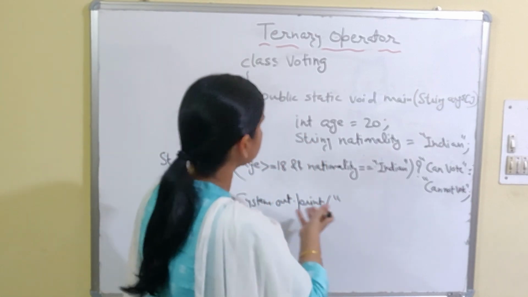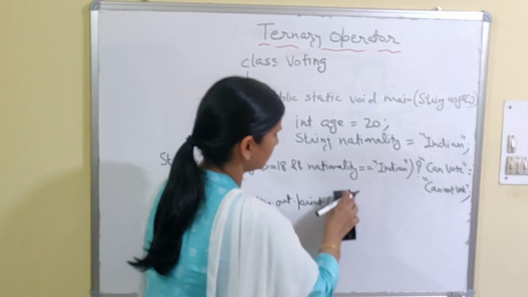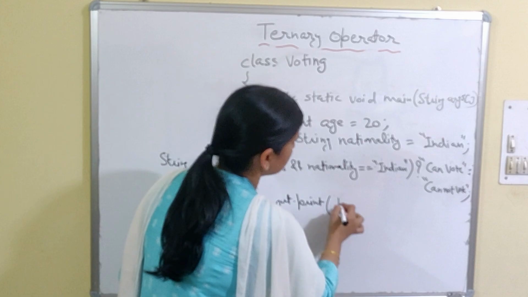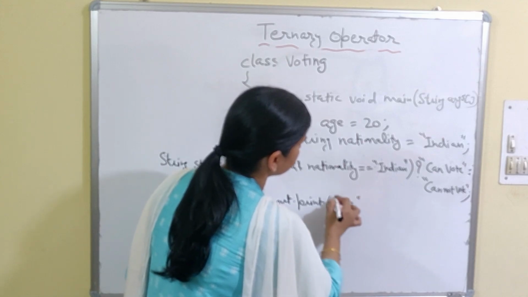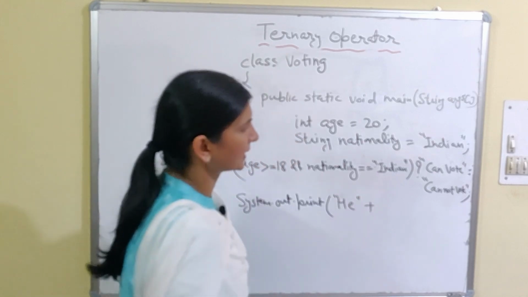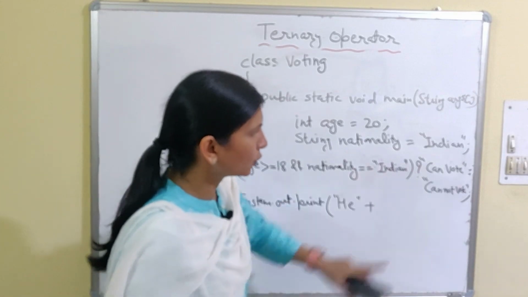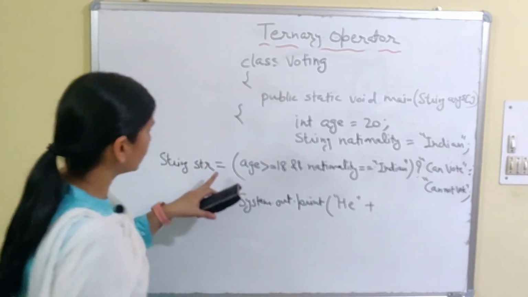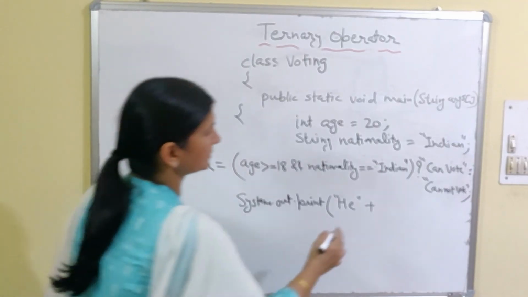Fine. Otherwise simply you can write he or she, so we will use he plus, for concatenation, can vote. Fine. He plus, for can vote we will write str.